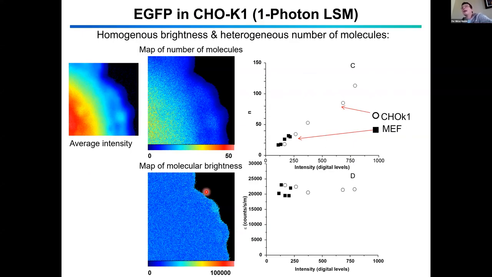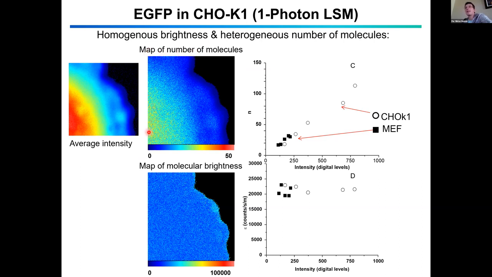Okay, now to the application in cells. Here's a cell that's just expressing the green fluorescent protein. On the top left, you have the average intensity. On the top center, you have an image or a map of the number of molecules.